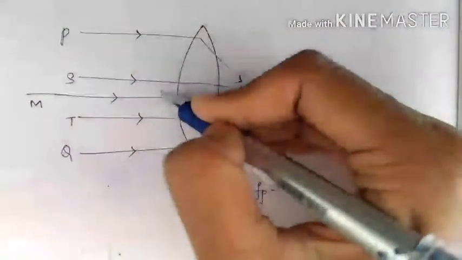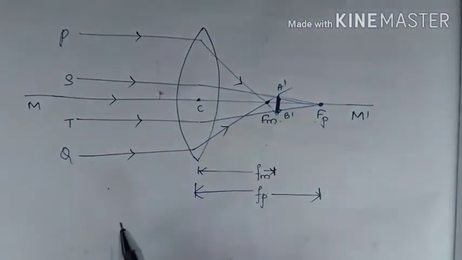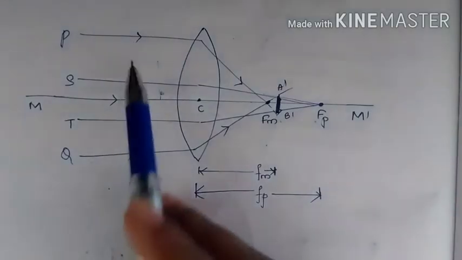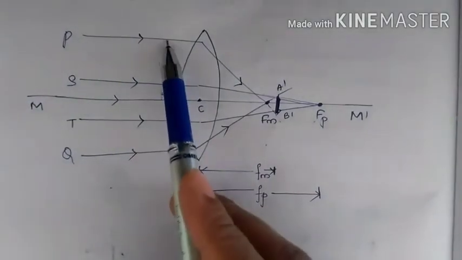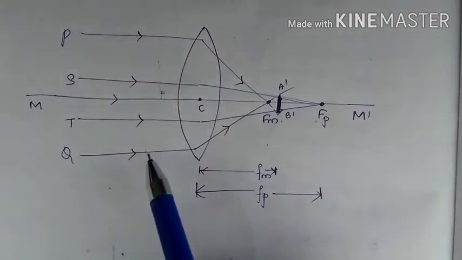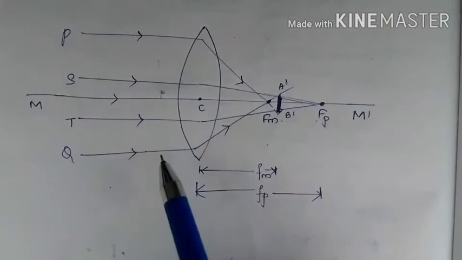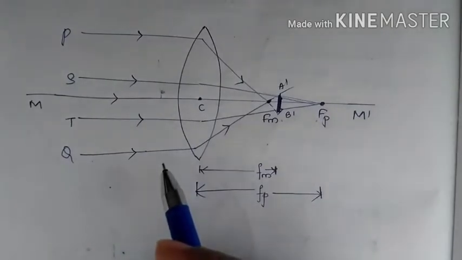If you see here, the distance between the P ray and the principal axis is larger compared to the S ray. So these P and Q rays are known as marginal rays because they have a larger distance from the principal axis.